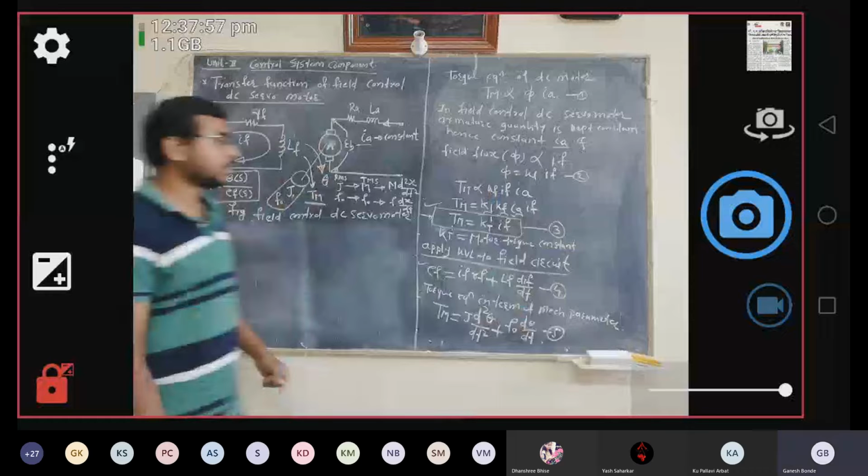Then take the Laplace transform of equation 5. Here you are getting Tm of s equal to, what is the Laplace transform of this equation? Tell me the equation.